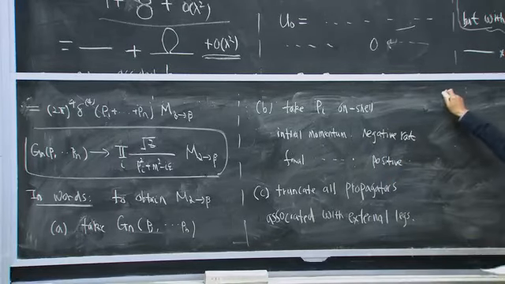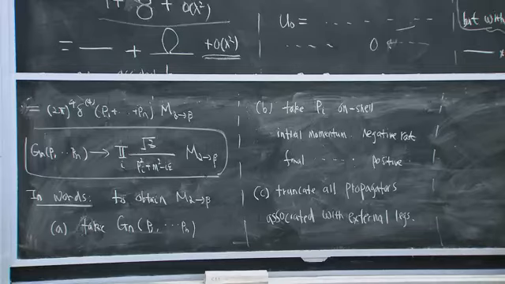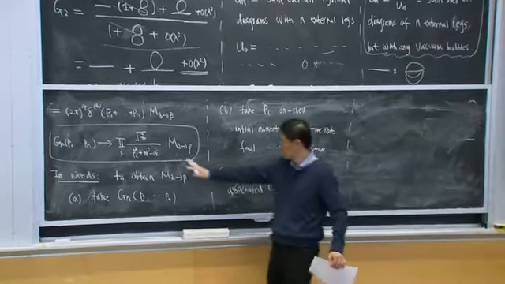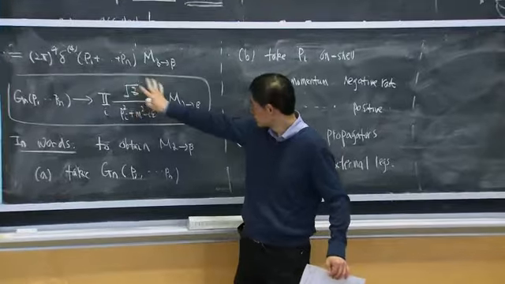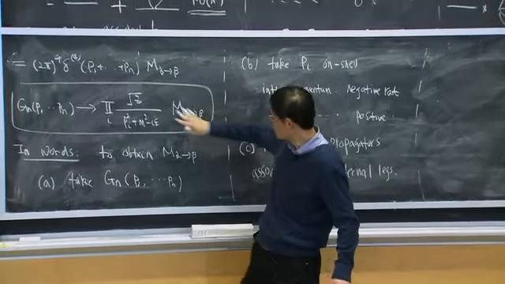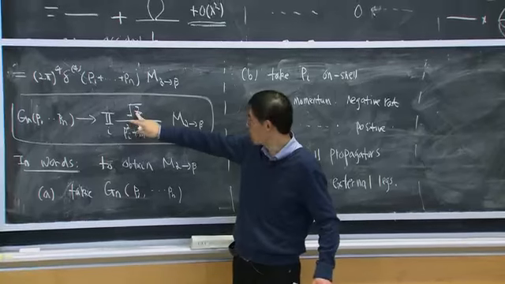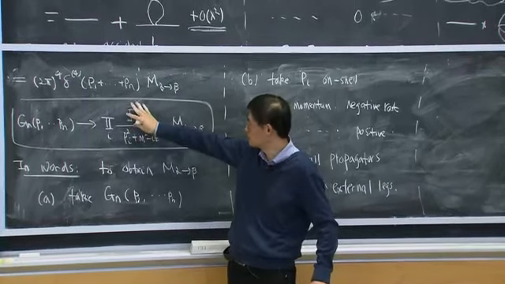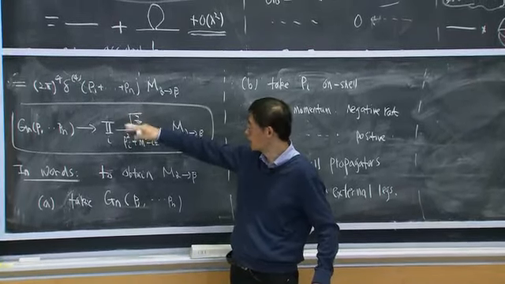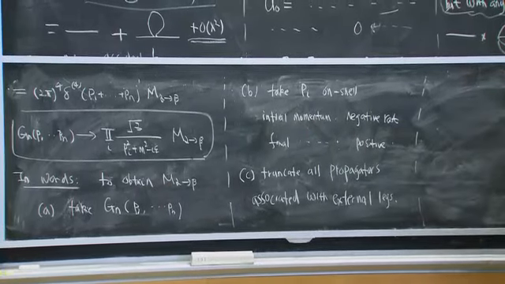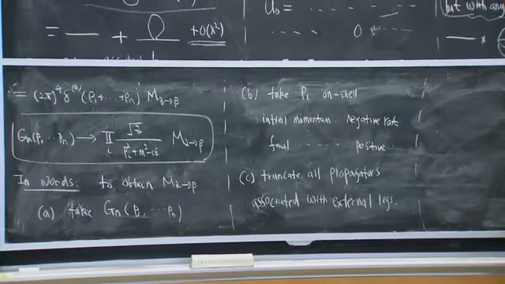Then you truncate all the external legs. That comes from the fact that to obtain M you need to divide this side by this factor, up to this factor of Z. This factor Z will only give you a constant, which let's not worry about for now.